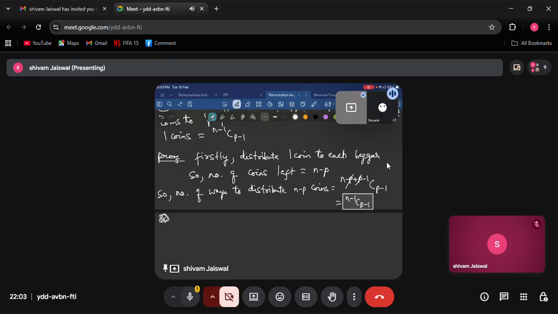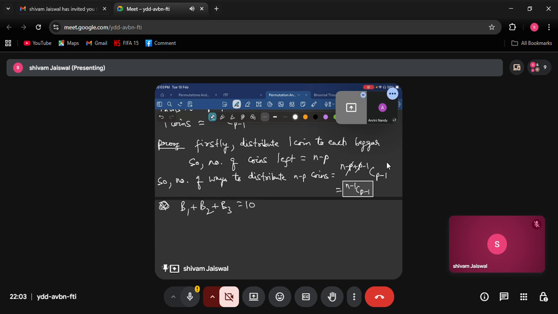Next, in the first example, I wrote B1 plus B2 plus B3. There are three beggars. In total, how many coins will they get? B1, B2, and B3 all together will get how many coins? Tell me. 10 coins.